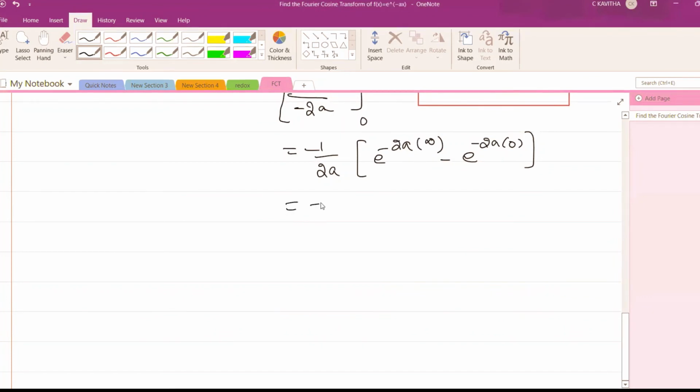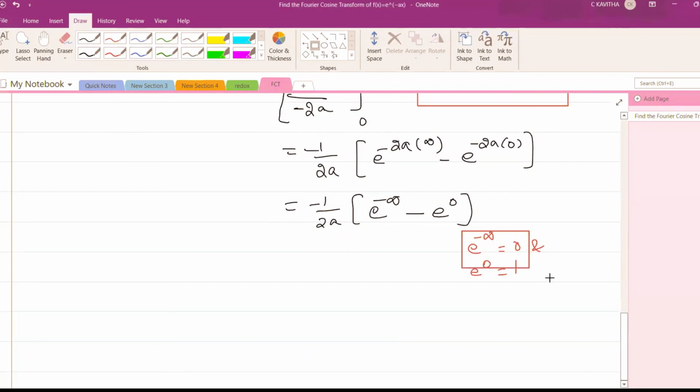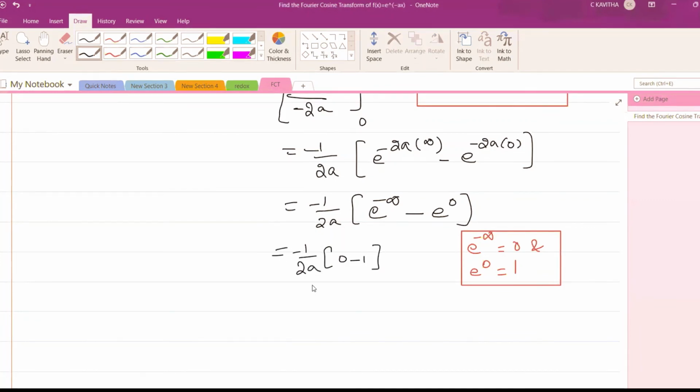Therefore, the right hand side becomes minus 1 by 2a into e to the power minus infinity minus e to the power 0. We know that e power minus infinity is equal to 0 and e power 0 is equal to 1. These values you can substitute in the right hand side. Therefore, the right hand side becomes minus 1 by 2a into 0 minus 1. Therefore, when you simplify, you'll get plus 1 by 2a.